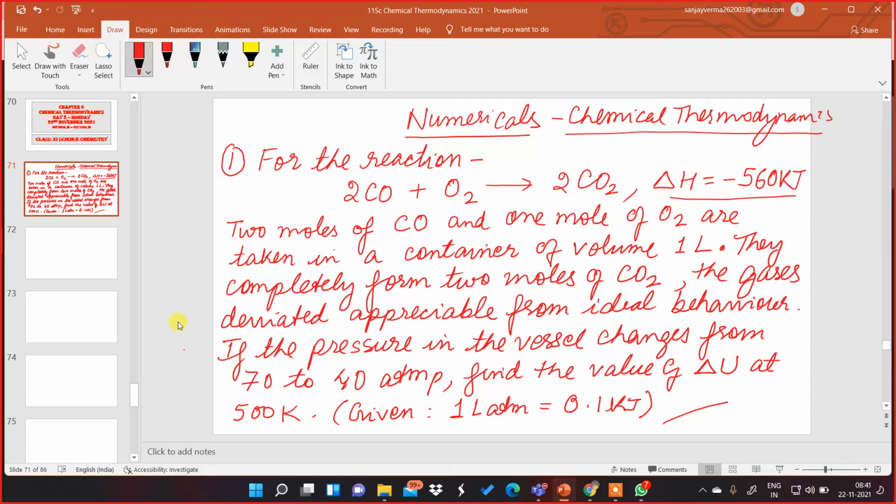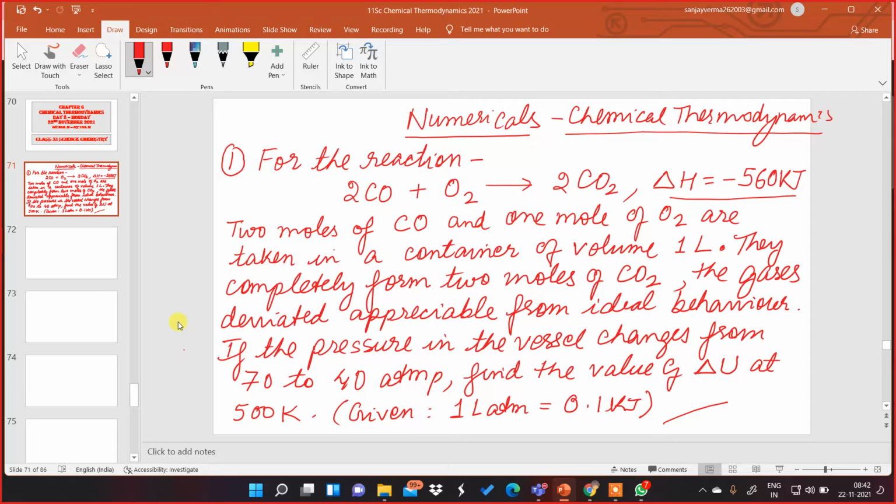These things are taken in a container of volume 1 liter. They completely form 2 moles of carbon dioxide. Nothing of the reactants are left. The gases deviated appreciably from ideal behavior. That means they are not ideal, real gases. If the pressure in the vessel changes from 70 to 40 atmospheric pressure, find the value of delta U, that is internal energy change, at 500 Kelvin.